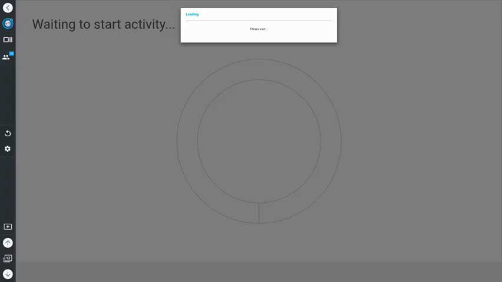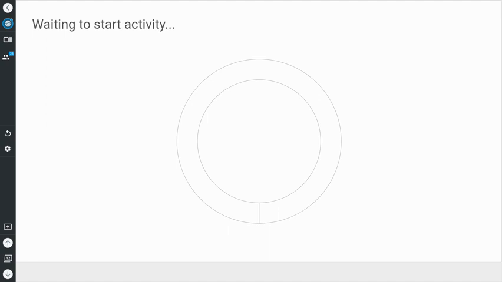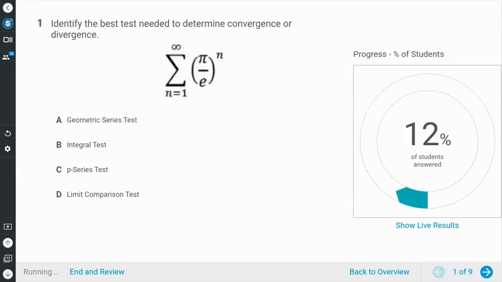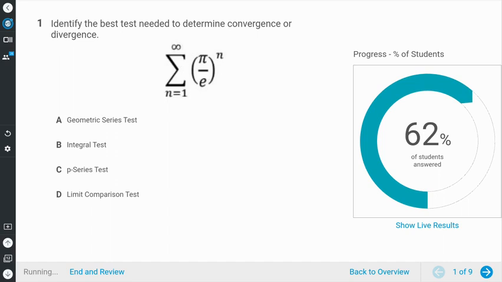You have to determine what is the best test to use to determine convergence. Some of these you can use multiple tests on, but what I'm asking is which is the best here.